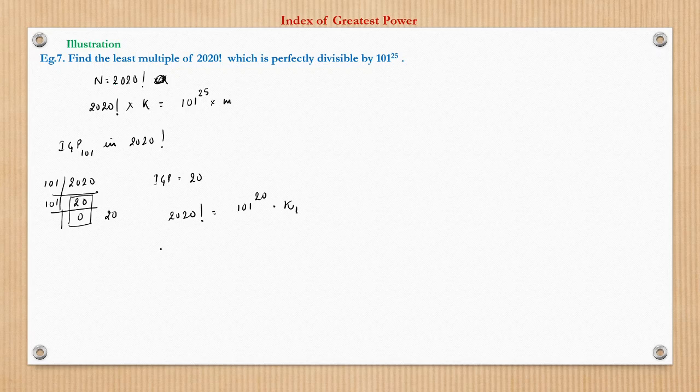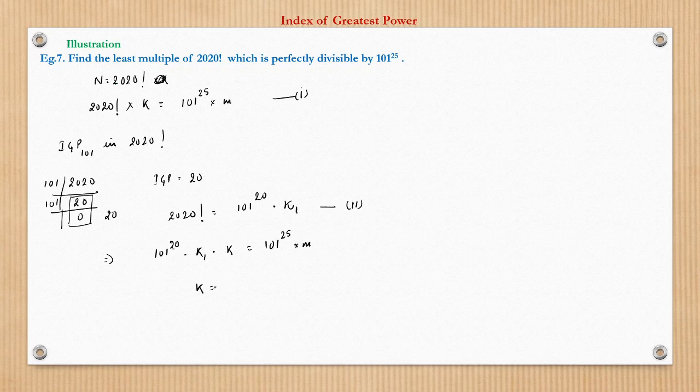So basically we can substitute this in 1. It will become 101 raised to power 20 into k1 into this k is equal to 101 raised to power 25 into m. So we have to find k.